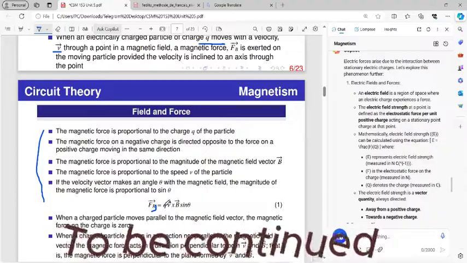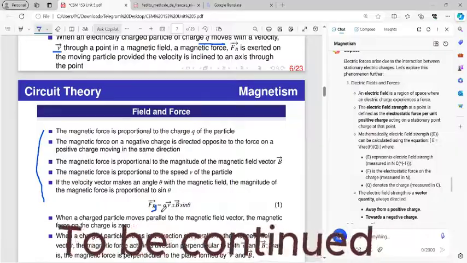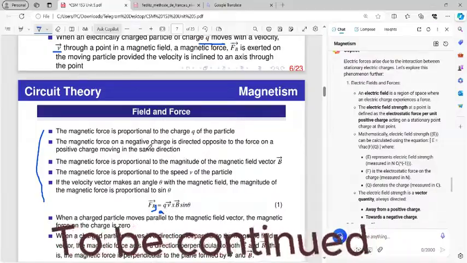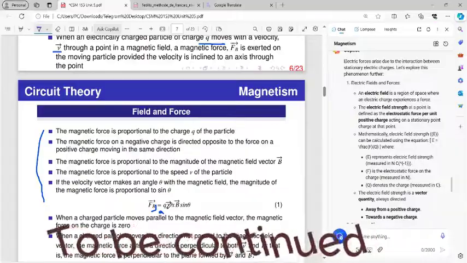In mathematics, this is directly proportional. So the magnetic force is directly proportional to the charge, and the velocity is also proportional to it.